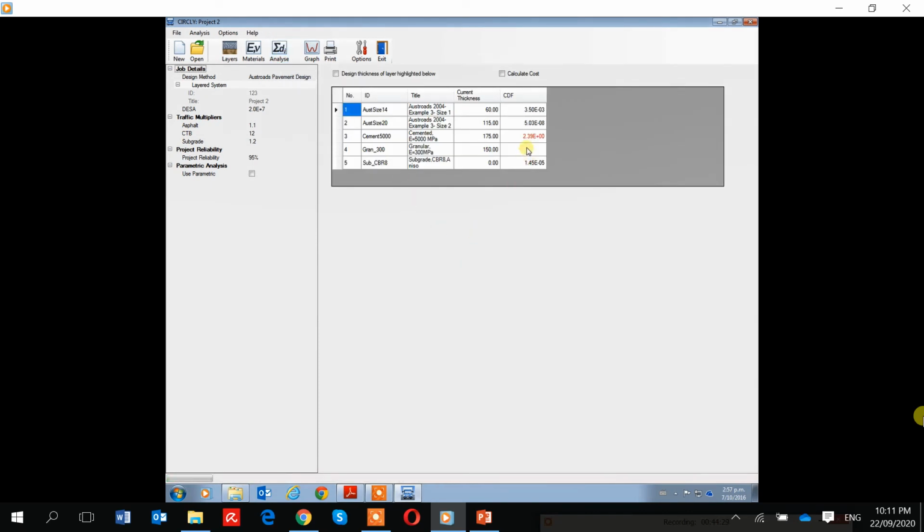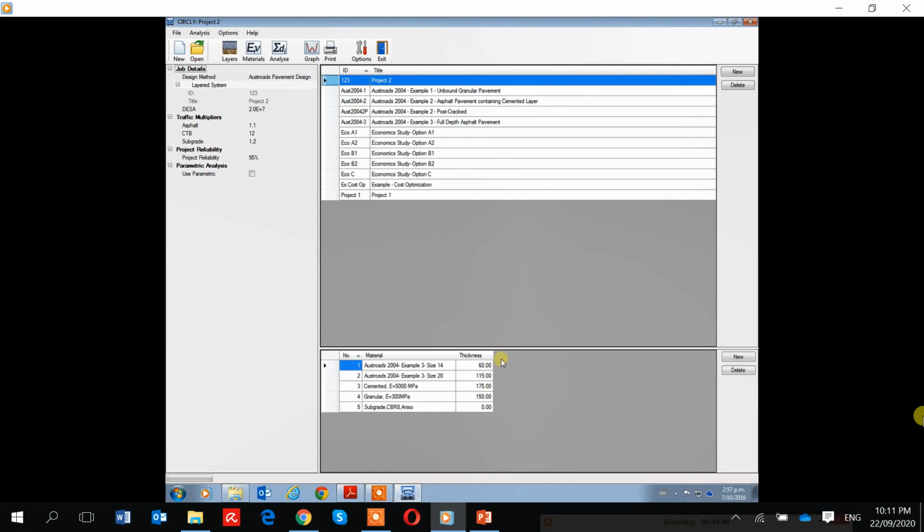Okay, so I've altered and improved the material properties, and I analyze it again. We can see that now the cumulative damage factor has reduced to 2.4 for the cemented material. So we still need to make some changes so that this one is below 1. I'm going to go back to layers and change the thickness of the cemented material.